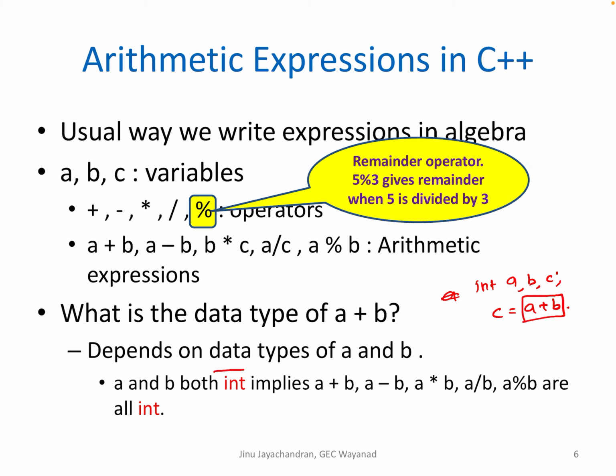It depends on the data types of A and B. Both int implies A plus B, A minus B, A into B, A by B, A percentage B are all int. So all will have an integer value.